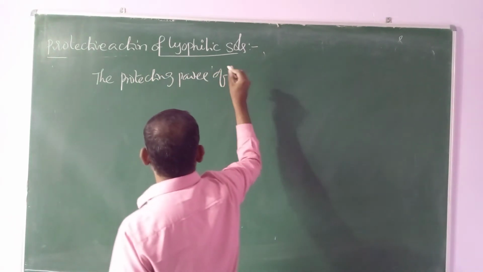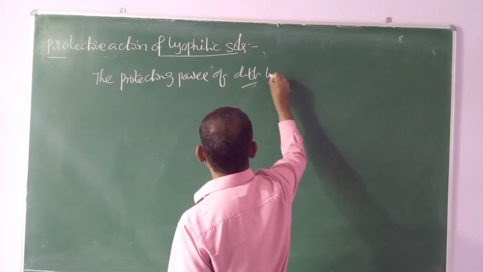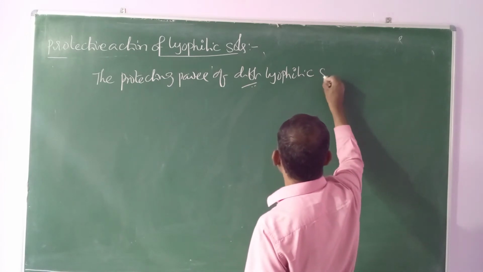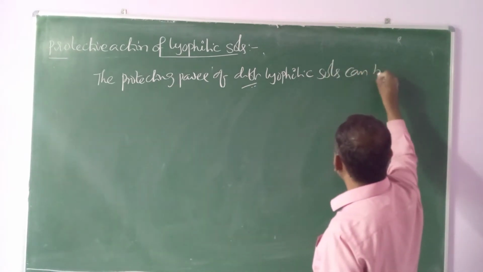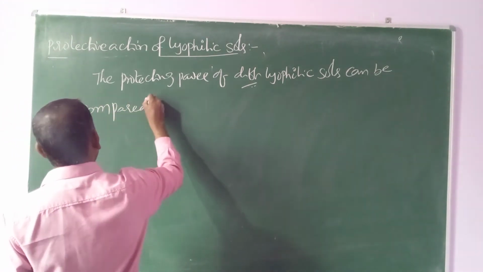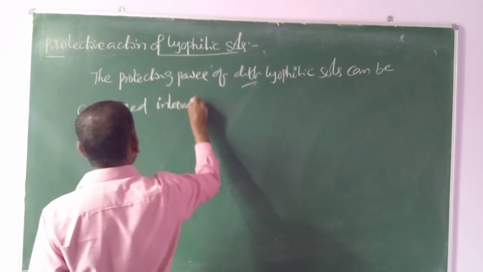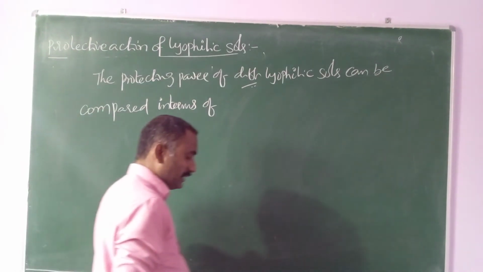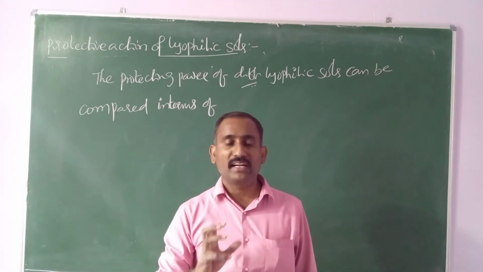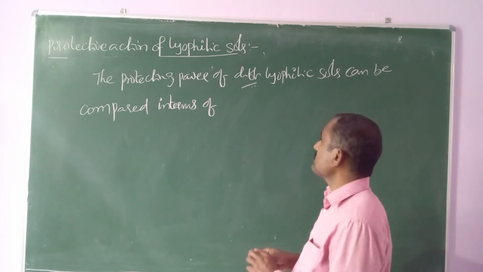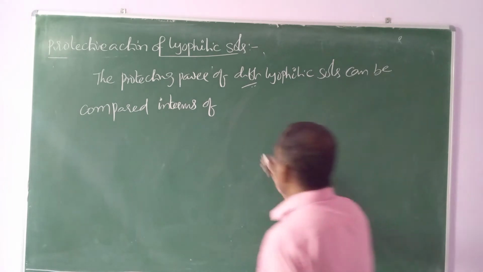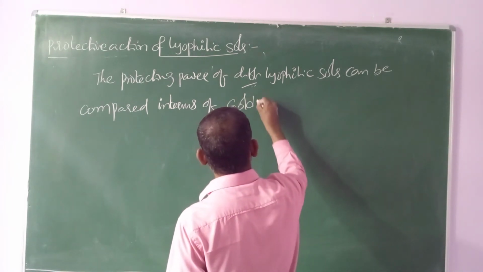First of all, you should remember that lyophilic soles are protecting colloids. Different lyophilic soles have different protecting powers. Which has more protecting capacity and which has less is compared in terms of gold number.